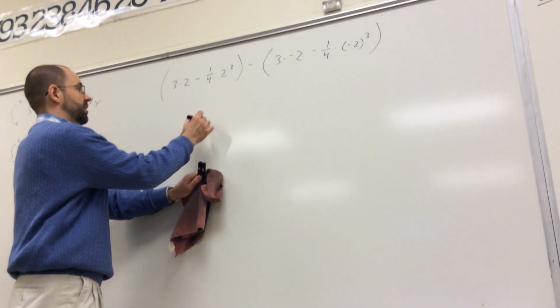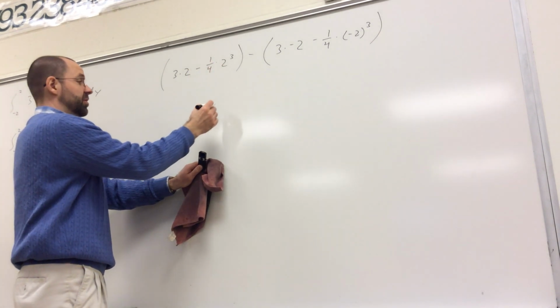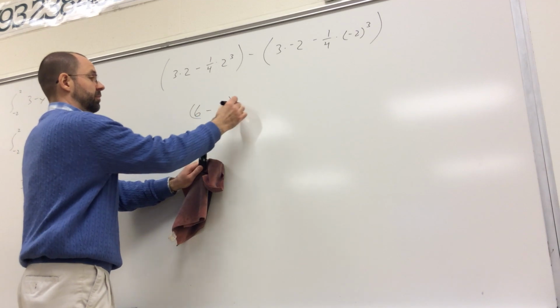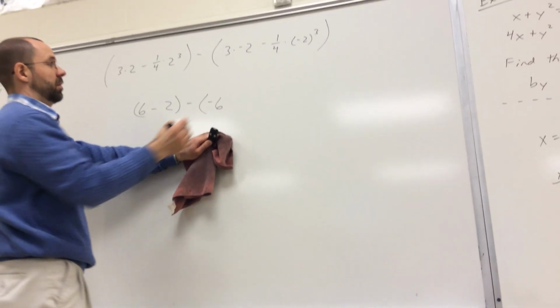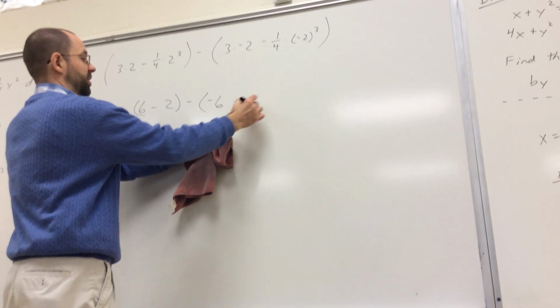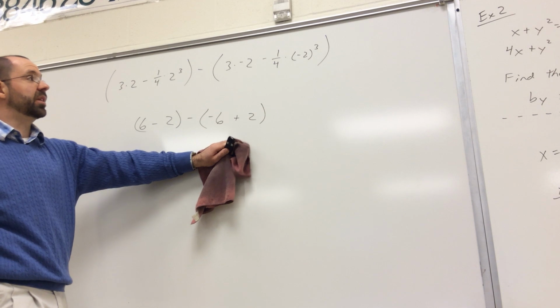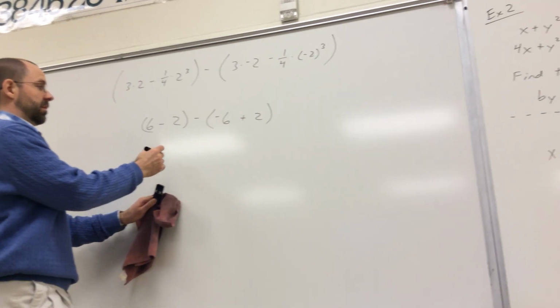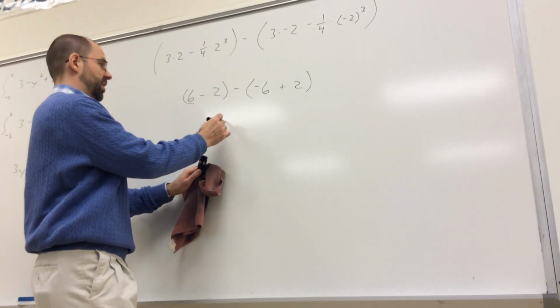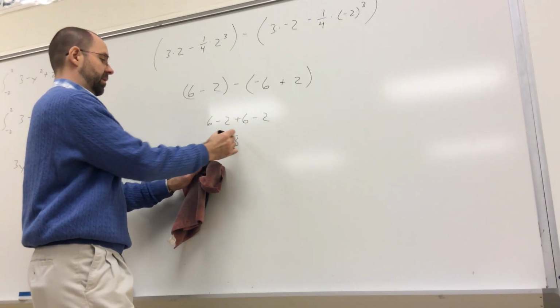So that's 6 minus... 2 cubed is 8, 8 times 1/4 is 2. Plus 2, I think. -8 times 1/4 is -2, and the opposite of -2 is +2. So that's going to come out to 6 minus 2 plus 6 minus 2, so 8.